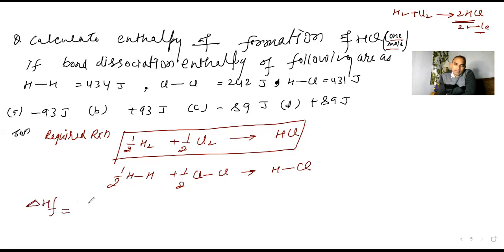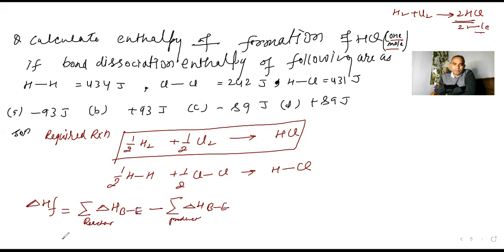What is the formula? Summation of delta H bond energy of reactant minus summation of delta H bond energy of product. Reactant minus product.